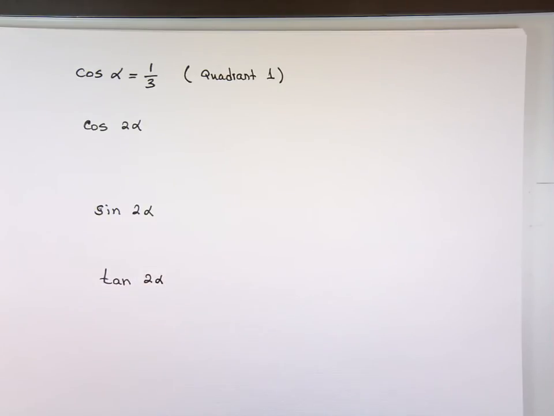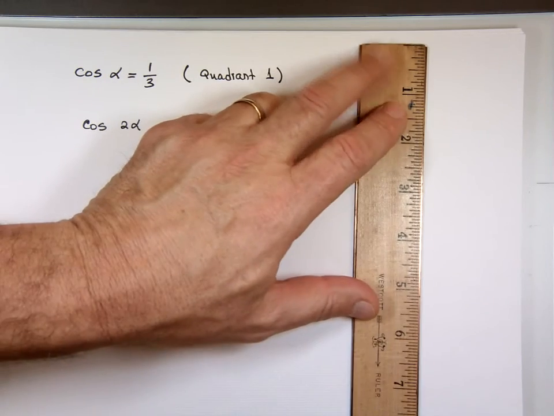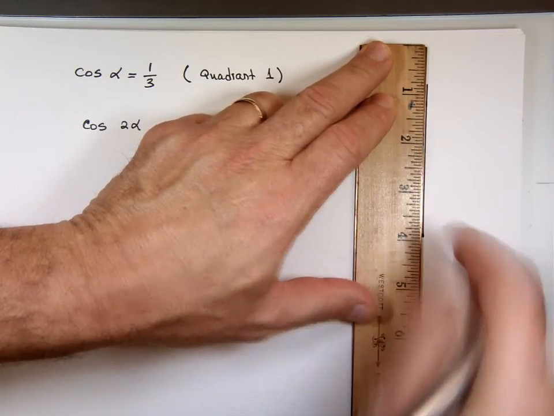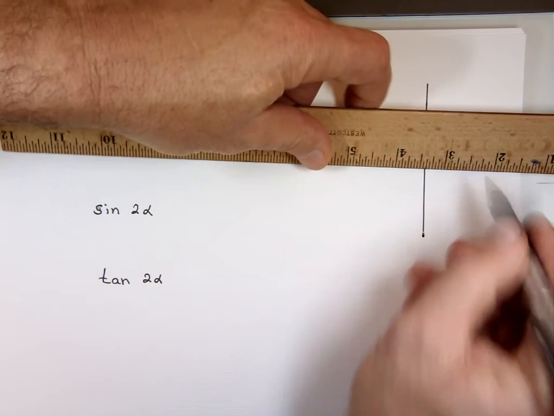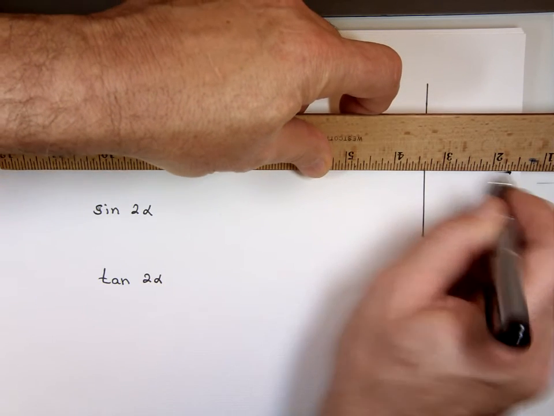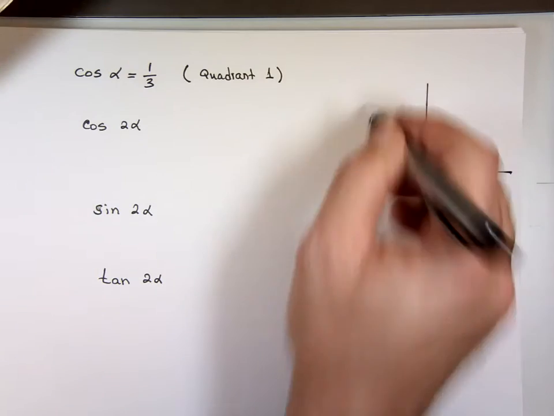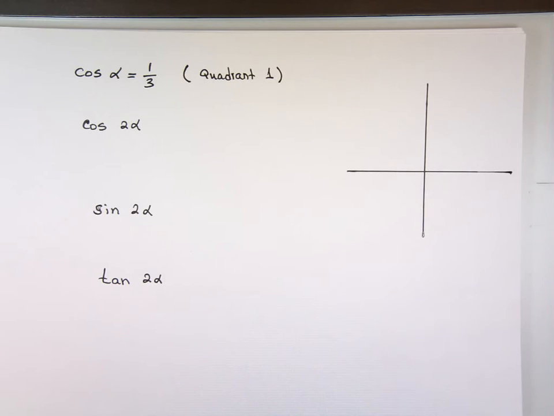Now I'm combining the lecture from 2 classes ago with today. We are in the first quadrant, because I could have picked all students take calculus, could be in the fourth where the cosine is positive. So we're in the first quadrant.